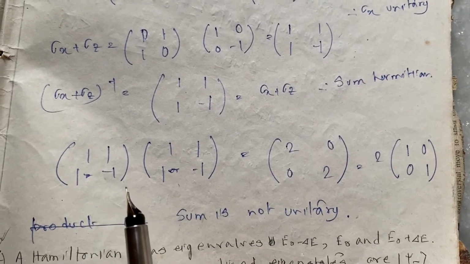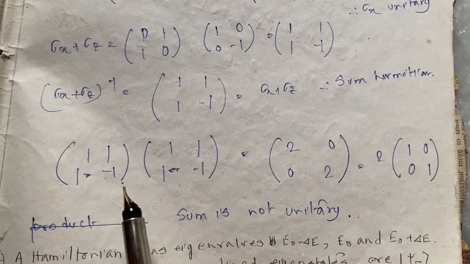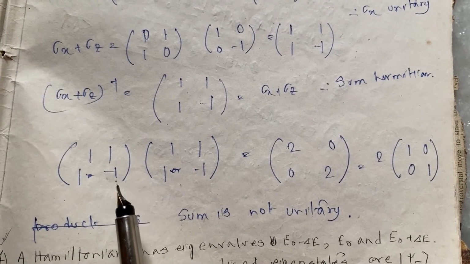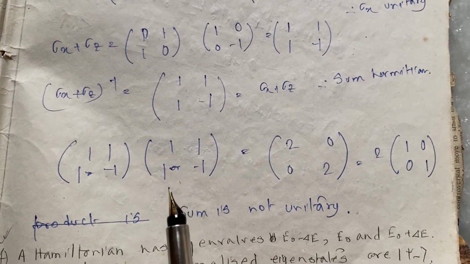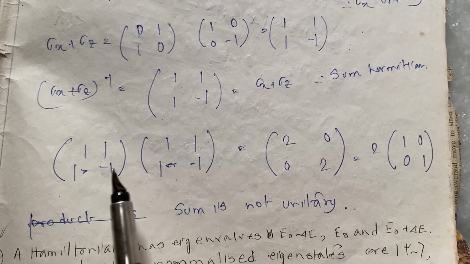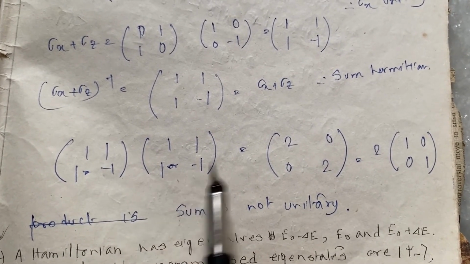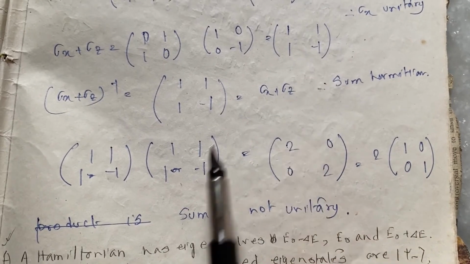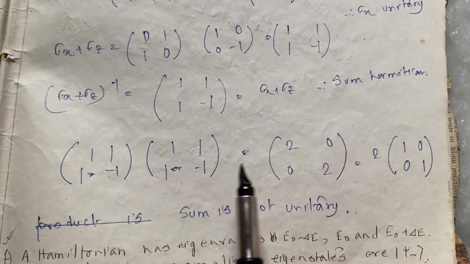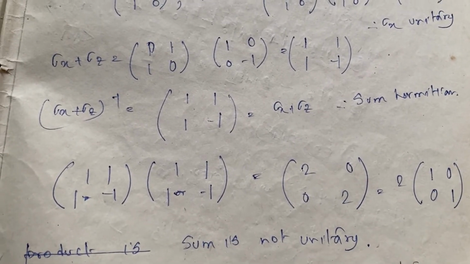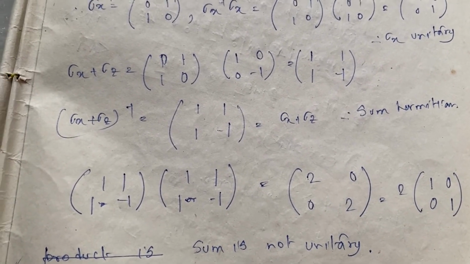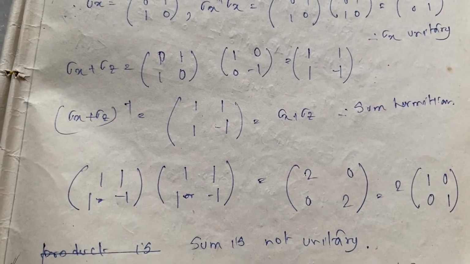But if we see whether their summation is unitary or not, when you multiply this summation with itself, we found that this is not unitary. So their summation is Hermitian but not unitary.